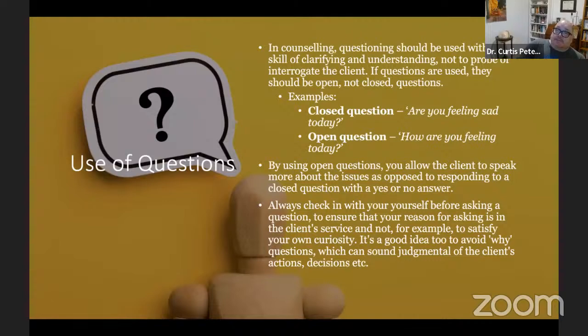A lot of times, therapists and group facilitators, instead of being the therapist, actually start to think that they're the investigator and that they need to know what exactly happened so that a timeline can be established and all of those kinds of things.